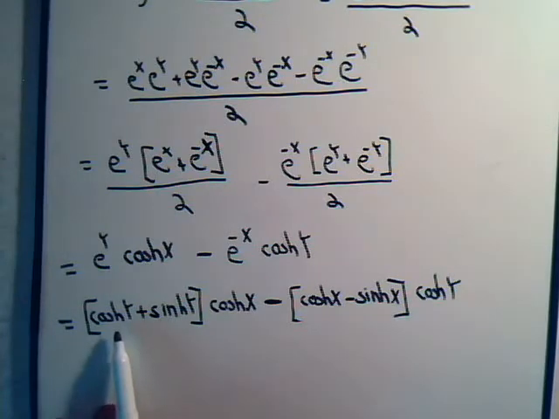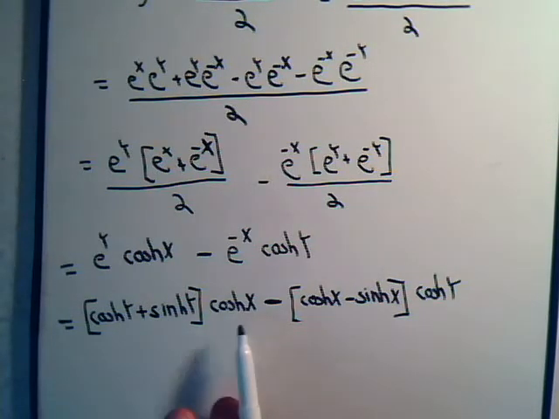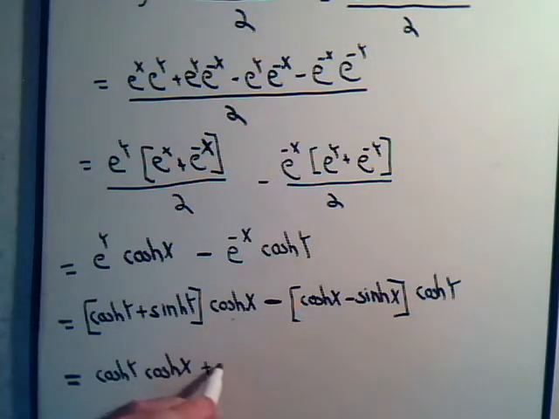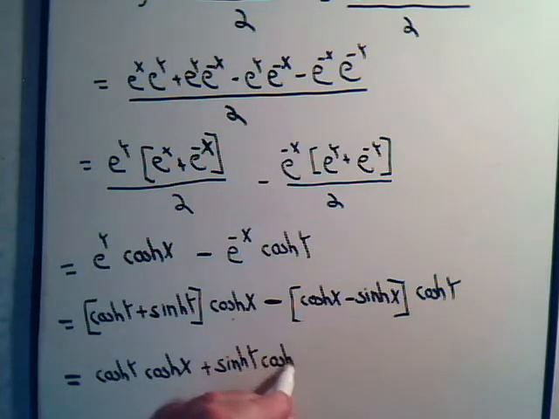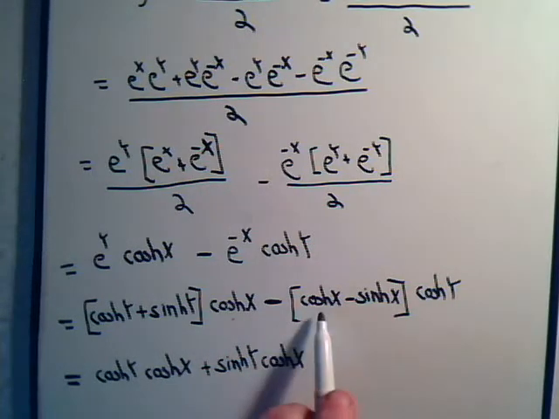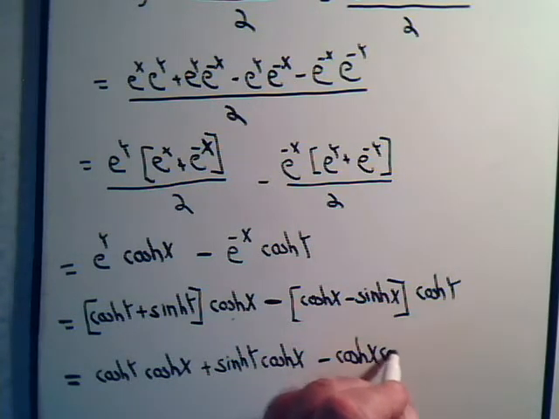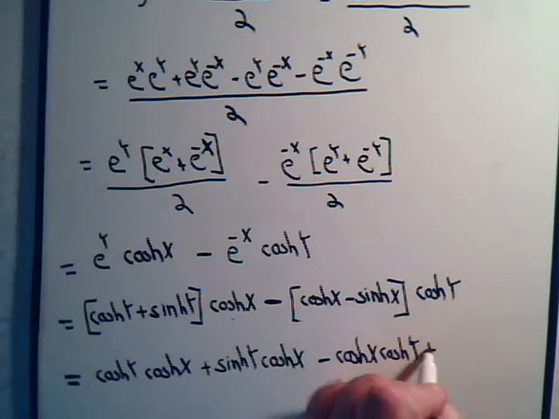Okay, hyperbolic cosine of x and y minus, looks like there's going to be cancellations here, but let's write everything out. But this times this plus this product minus this product, and here's a minus with a minus, will be plus this product.